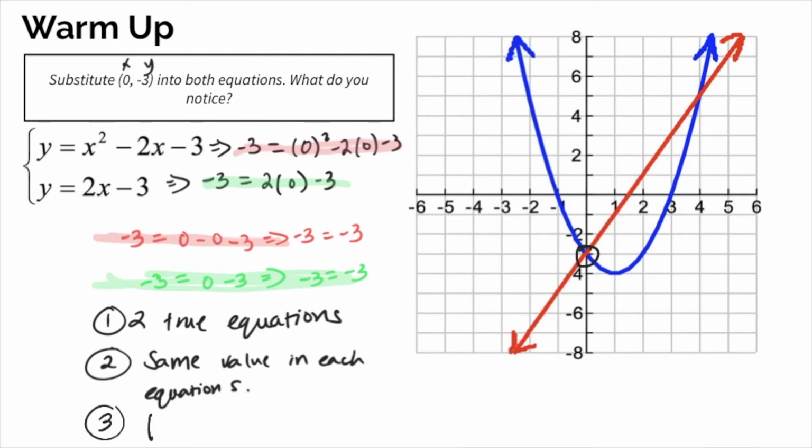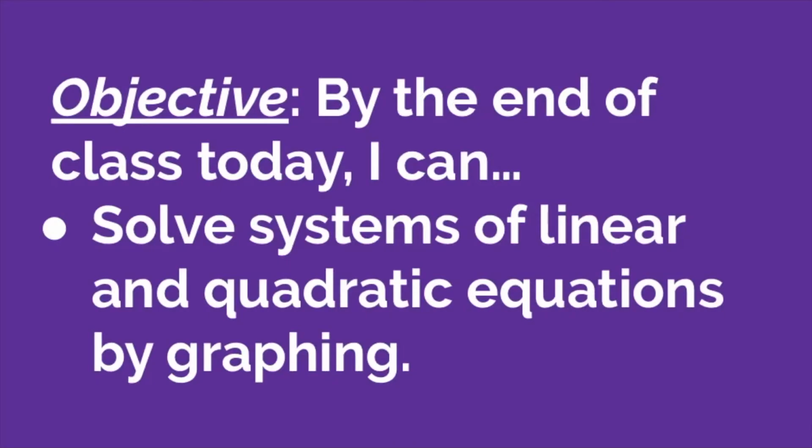So both equations intersect at (0, -3). We want to take these three observations into account when we go through this lesson, because we want this to be the backbone of our understanding of solving a system of equations.